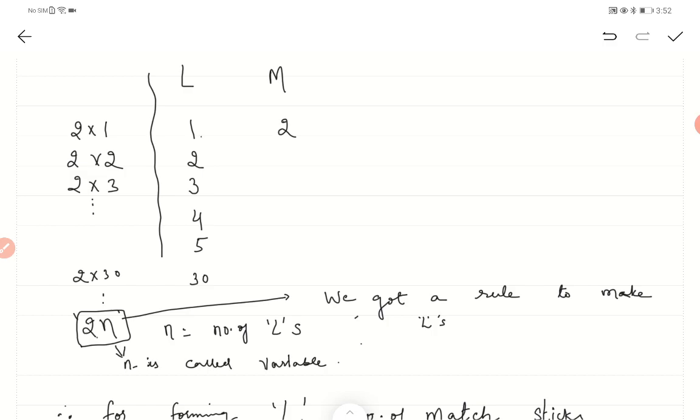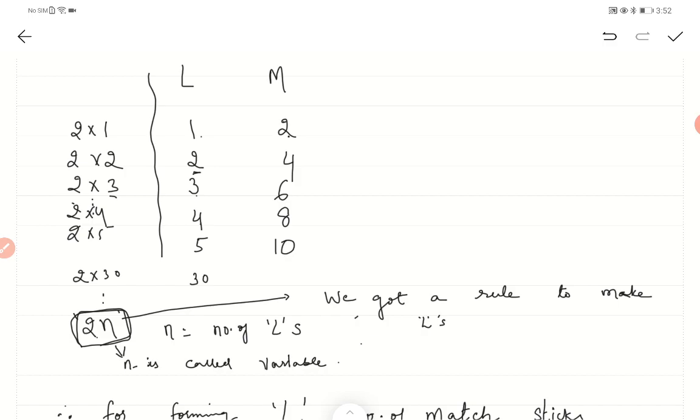So for 1L you need 2 matchsticks. For 2 L's we need 2 into 2, 4 matchsticks. For 3L we need 2 into 3, how many? 6 matchsticks. For 4 I will need 2 into 4, 8 matchsticks. For 5 I will need 2 into 5, that is 10 matchsticks, right? And so on. So in general I have taken it as 2n.